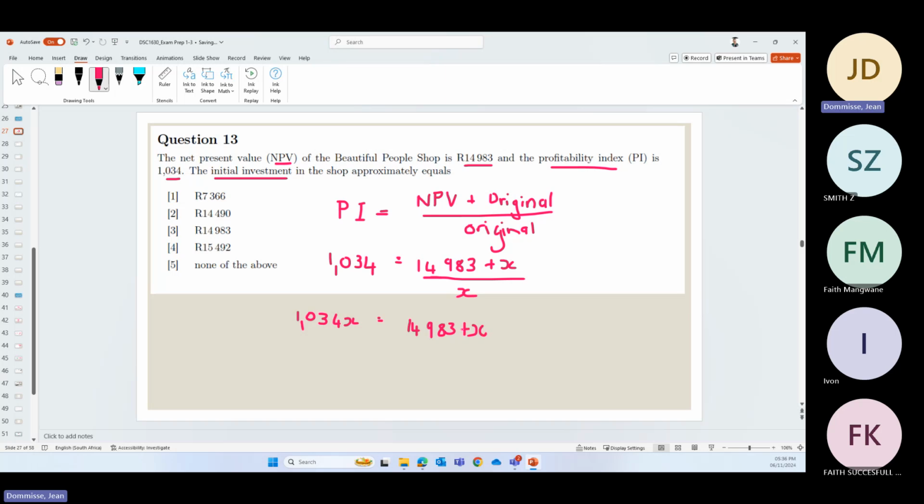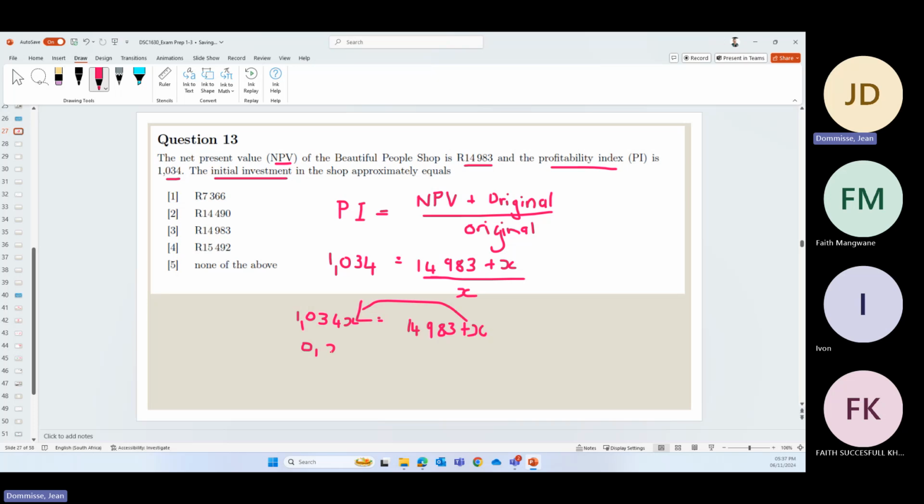Then we will take all the x's to the left, so it becomes 1.034x minus 1x. So we're left with 0.034x on the left-hand side, and on the right-hand side we're left with 14,983.